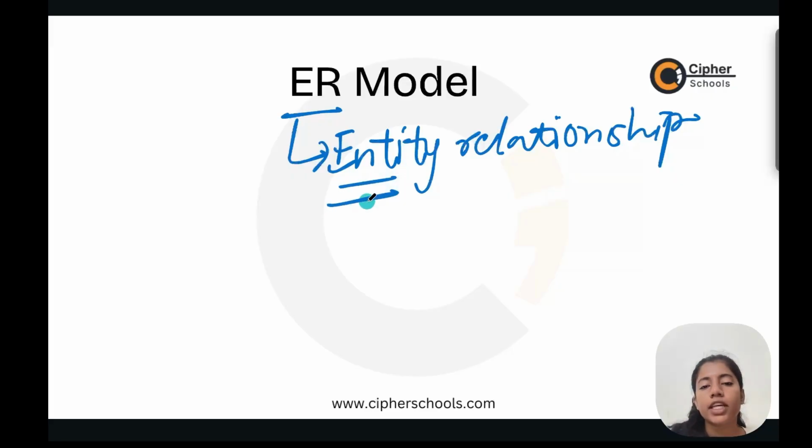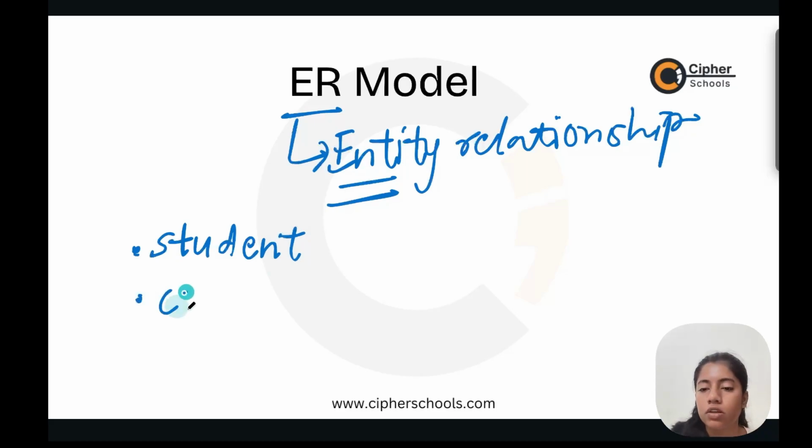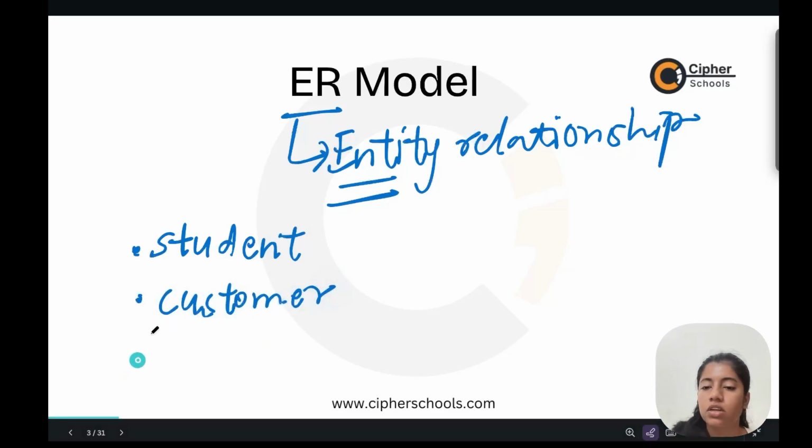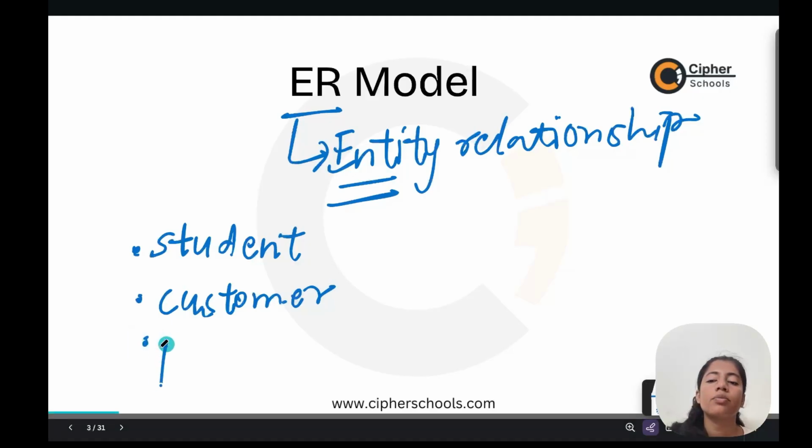Whatever you think of, any real world object or any real world concept, we call it an entity. Now, can you think of a real world object? I think we can have student as a real world object. One more example can be a customer. Then product.